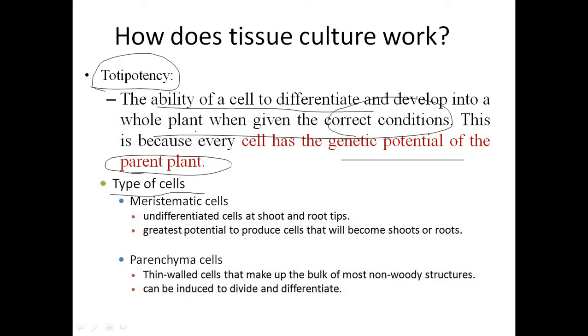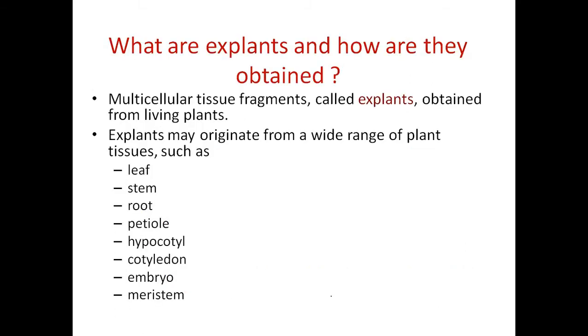Two types of cells are used for this tissue culture: meristematic cells, these are undifferentiated cells at shoot and root tips, and another one, the parenchymatous cells, these are thin walled cells, and they can also be induced to divide and differentiate. Then the important step is to choose the explant.